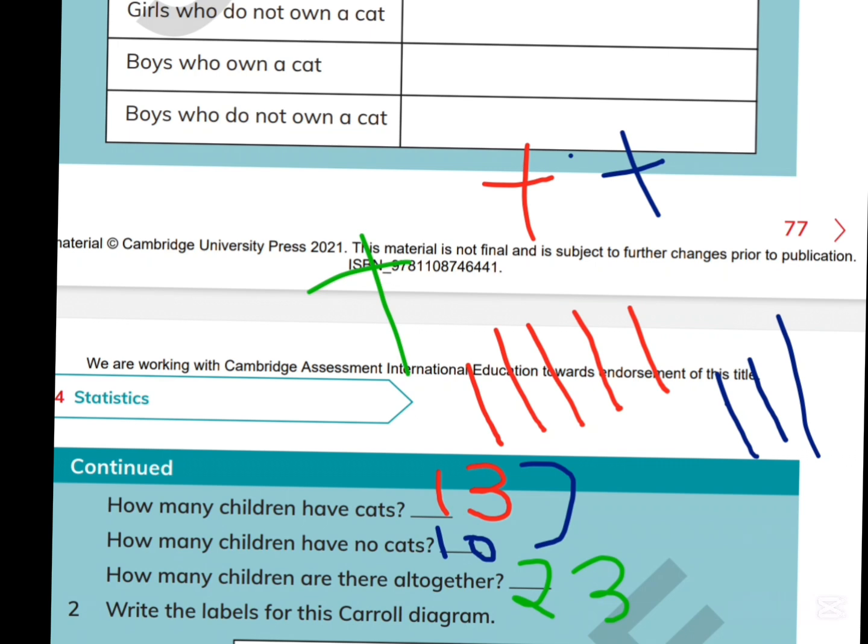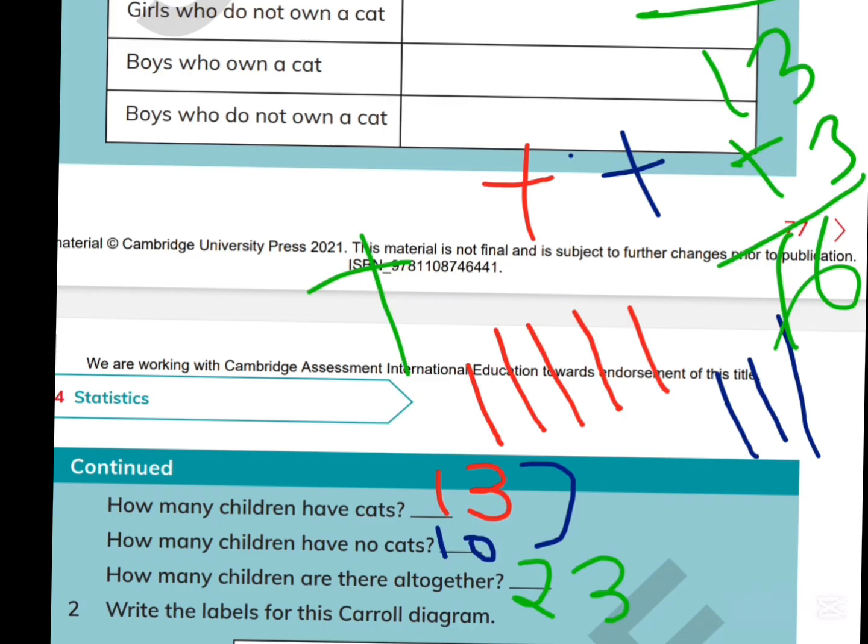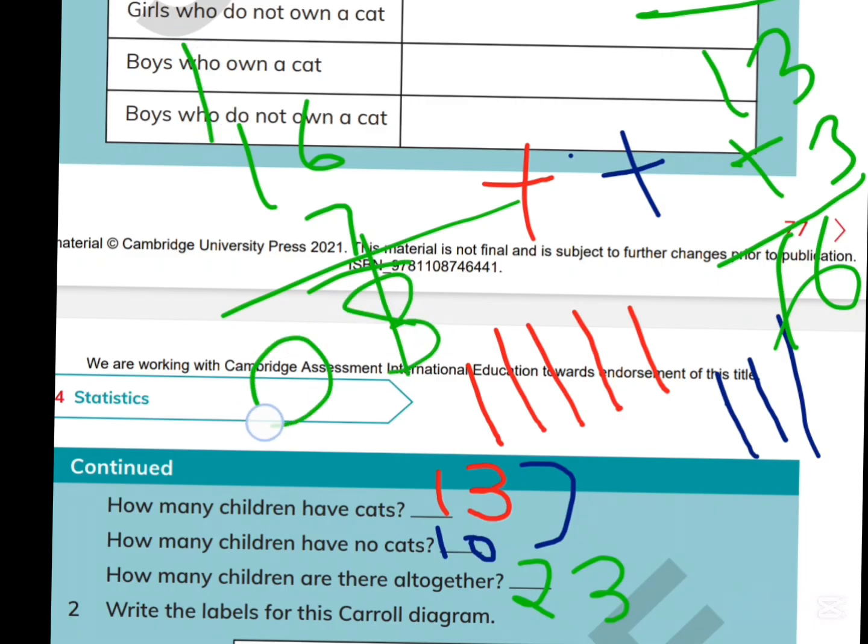You will just add all these numbers, or you can do 8 plus 5, 13, plus 3, 16, 16 plus 7, 23. So altogether the total number of children is 23.